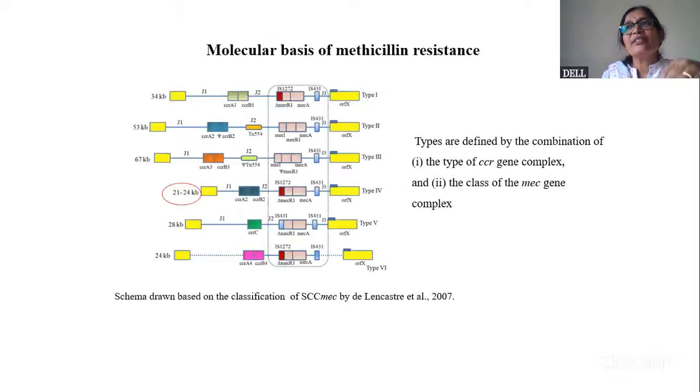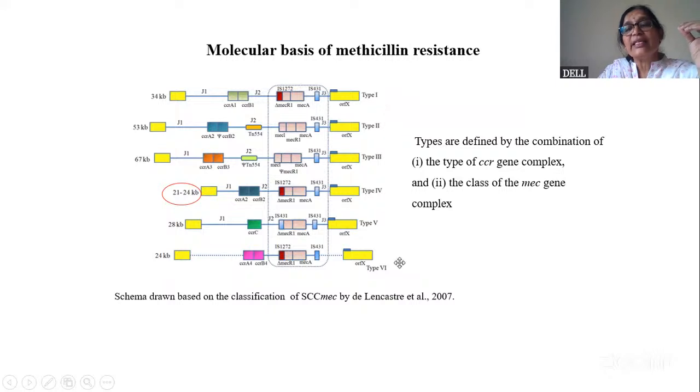The molecular basis of methicillin resistance in Staphylococcus aureus is SCCmec. This is a cassette, and you can see many of the insertional elements here, IS1272, IS431, etc. The combination of the ccr gene complex and the mec gene tells us the different classes of SCCmec.